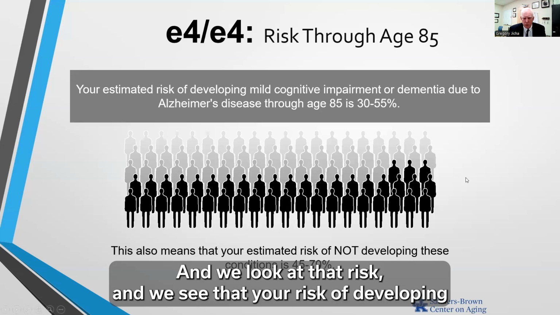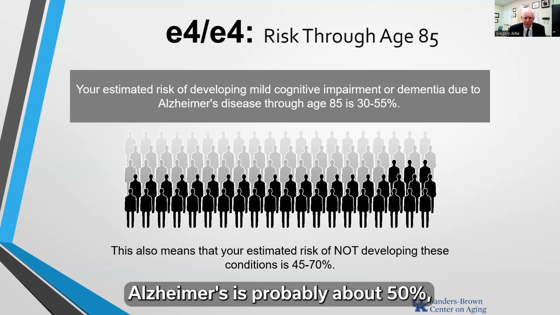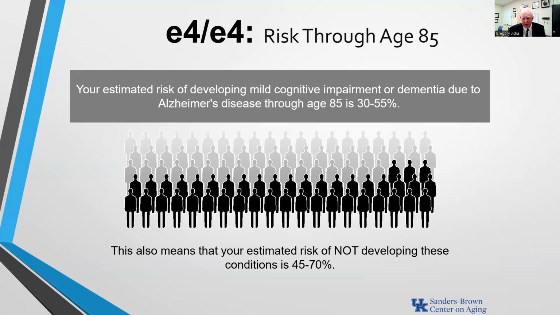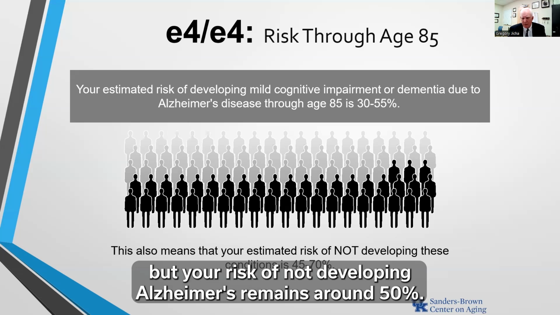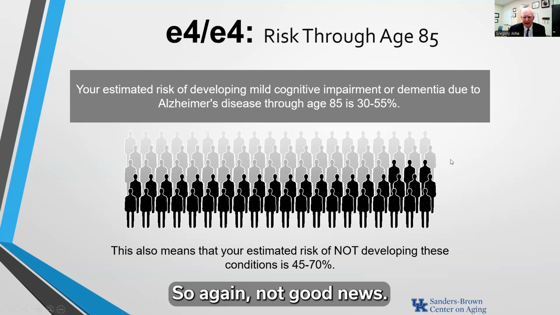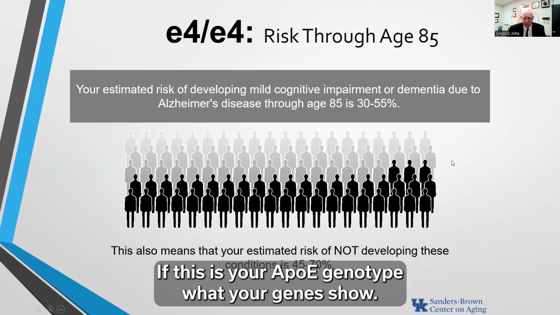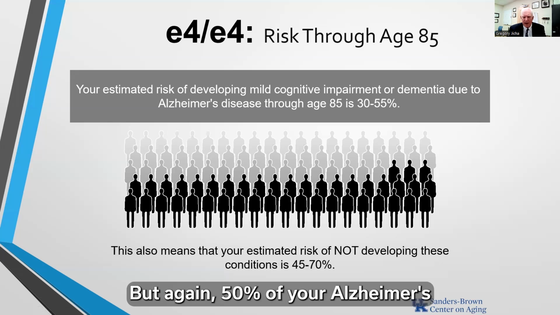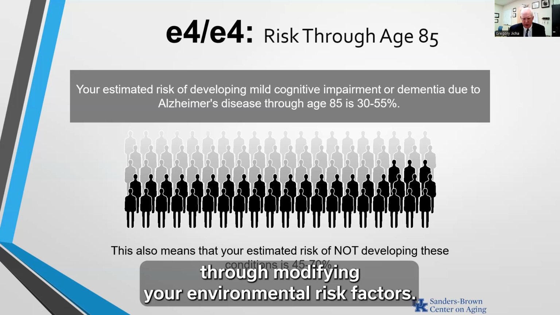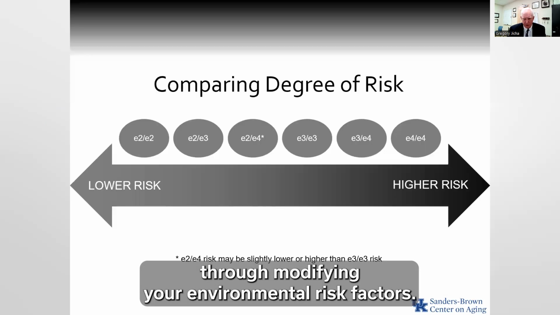And we look at that risk and we see that your risk of developing Alzheimer's is probably about 50%, but your risk of not developing Alzheimer's remains around 50%. So again, not good news if this is your ApoE genotype, what your genes show. But again, 50% of your Alzheimer's risk may be in your hands to control through modifying your environmental risk factors.